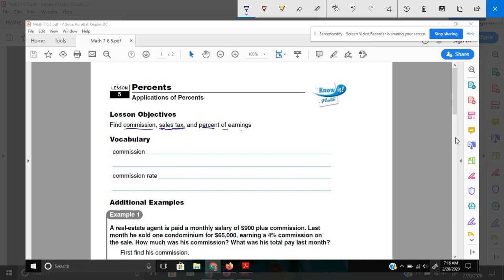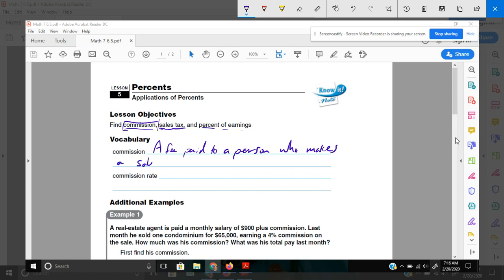Something you might have to become familiar with someday, especially if you work in an industry that you get commission with. A commission is basically a fee paid to a person who makes a sale.